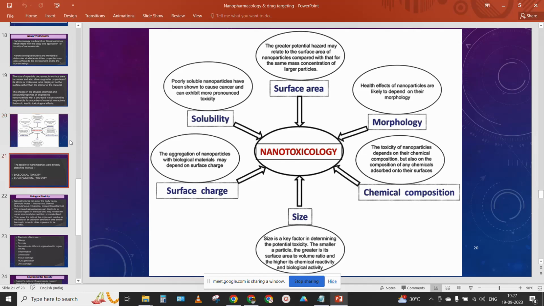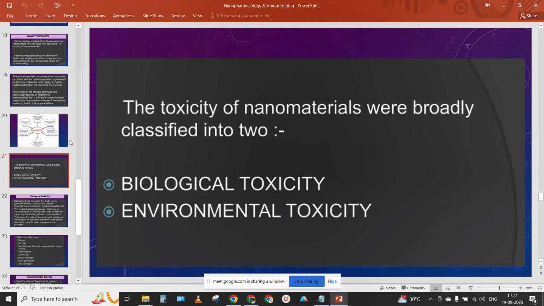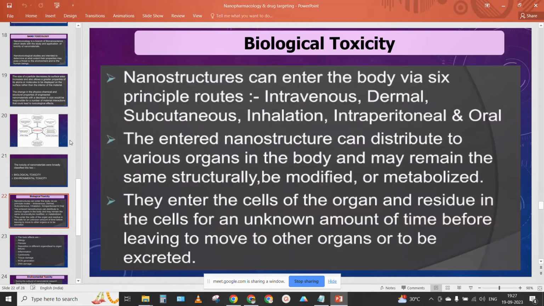So there are some factors like biological toxicity and environmental toxicities. In biological toxicities, we administer the drug via IV, dermal, subcutaneous, inhalation, or intraperitoneal or oral.